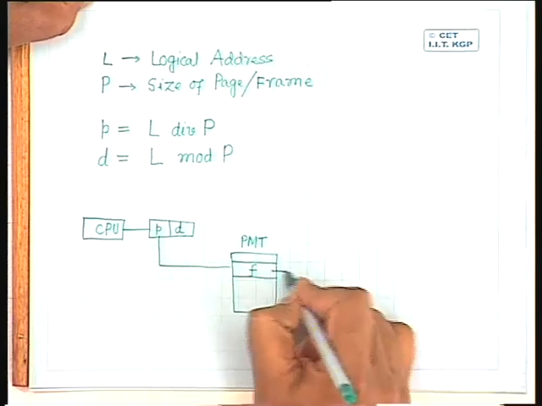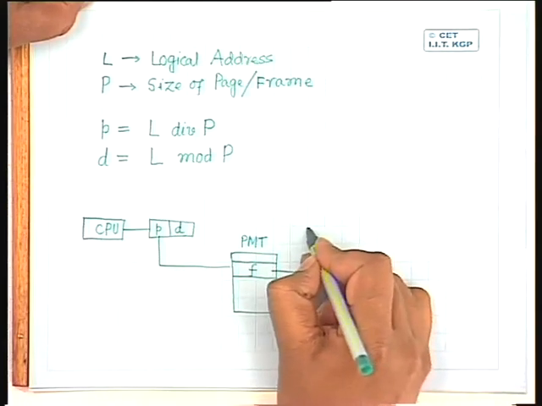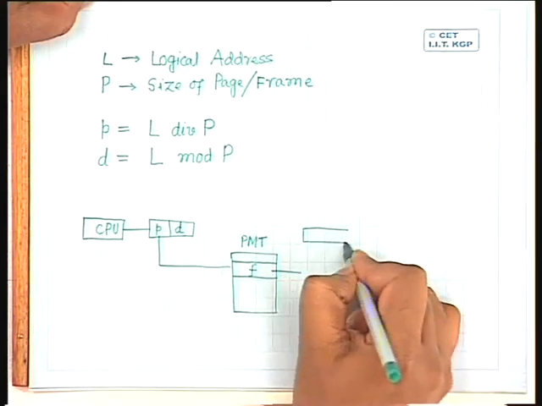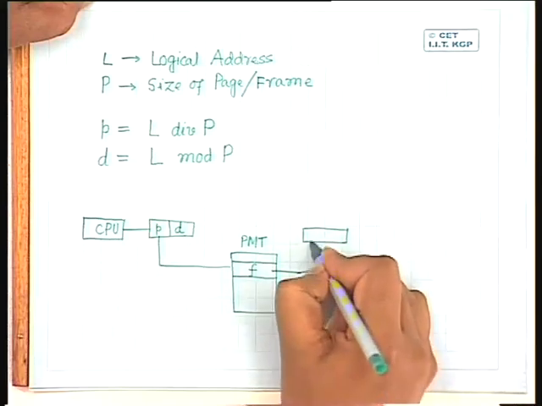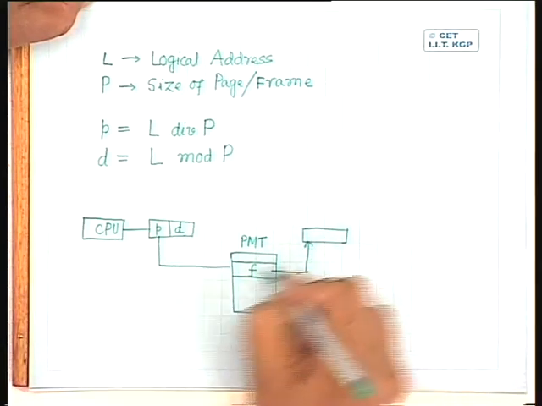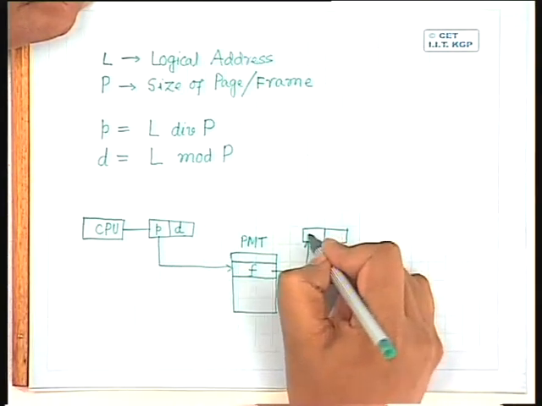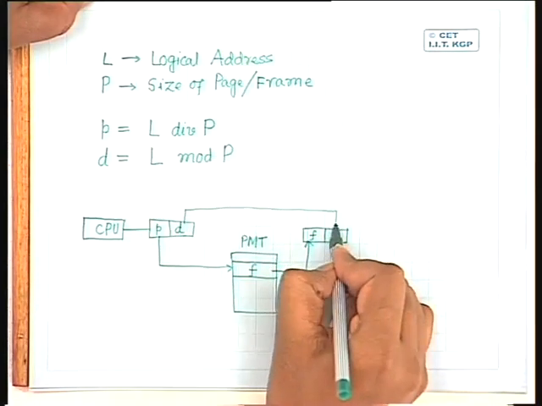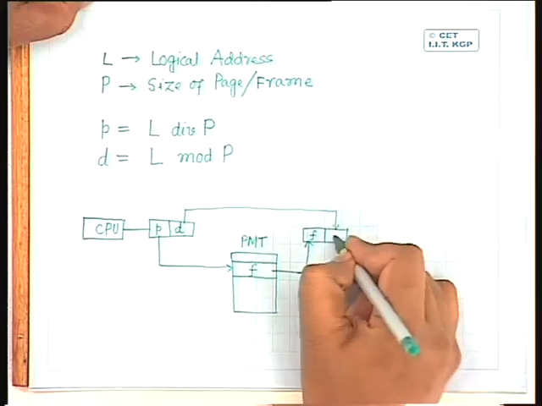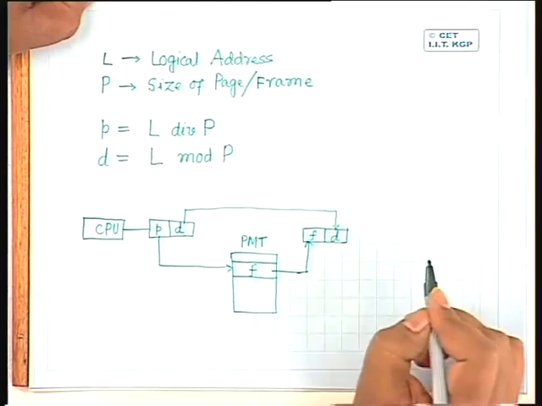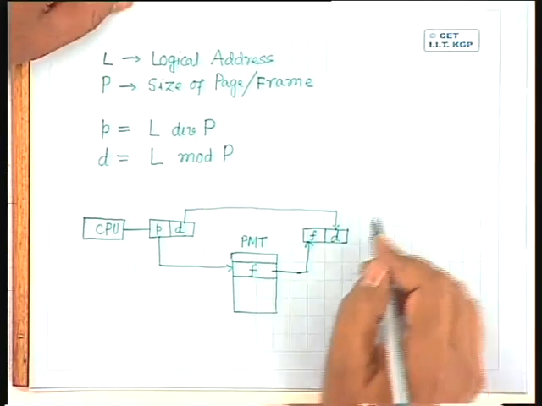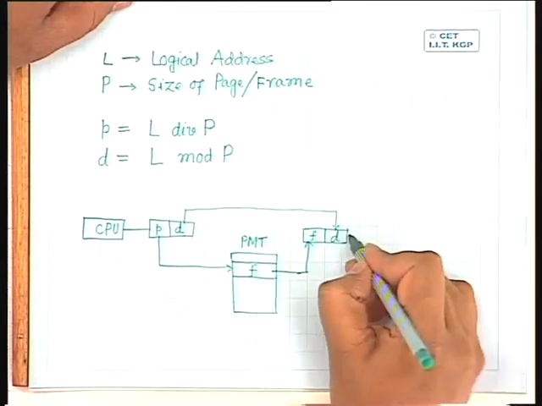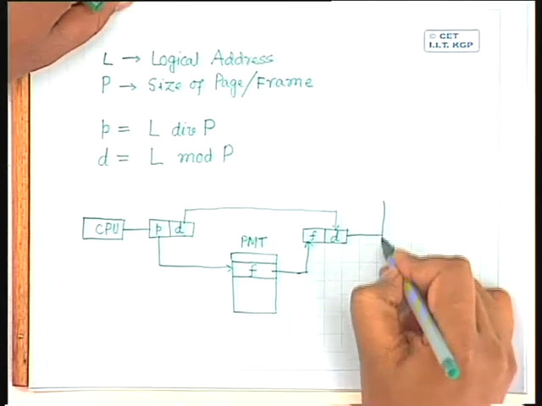So I extract the frame number F and combine it with the offset d. I use the same offset d because we have just seen that the offset within the page remains the same as the offset within the frame. These two together give you the physical address within the main memory.